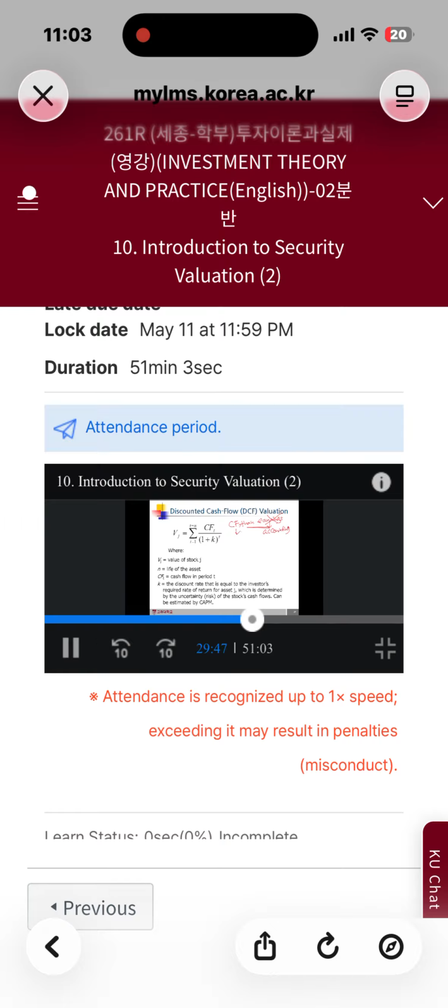So we use cash flows instead of earnings, and if the cash flow we use is attributable to the firm, say earnings before interest and taxes, which is the bond and stockholders' cash flows, we discount this at a required rate of return using the weighted average cost of capital.